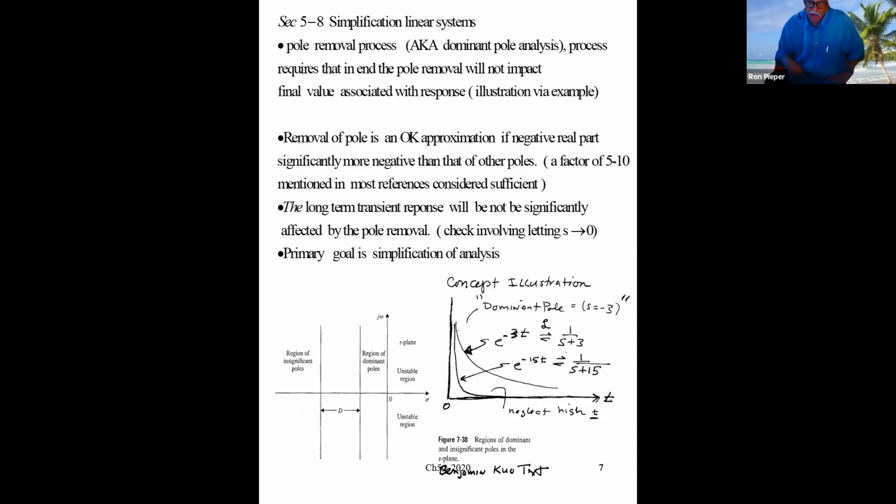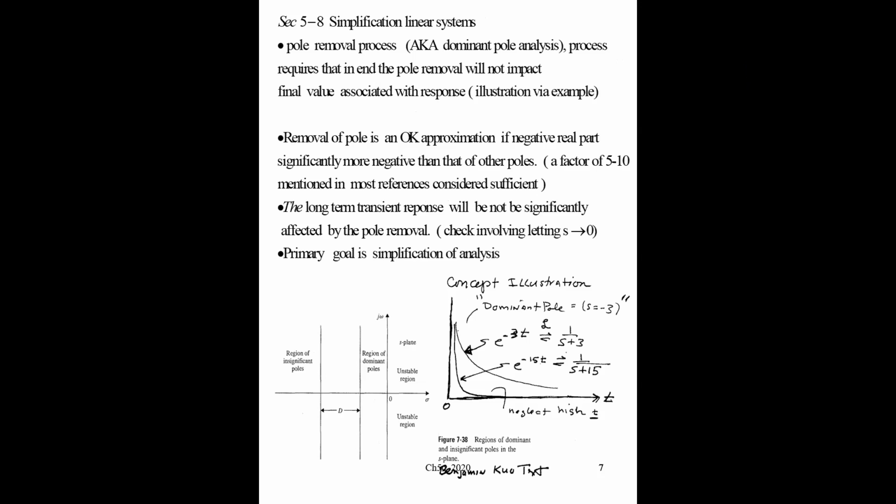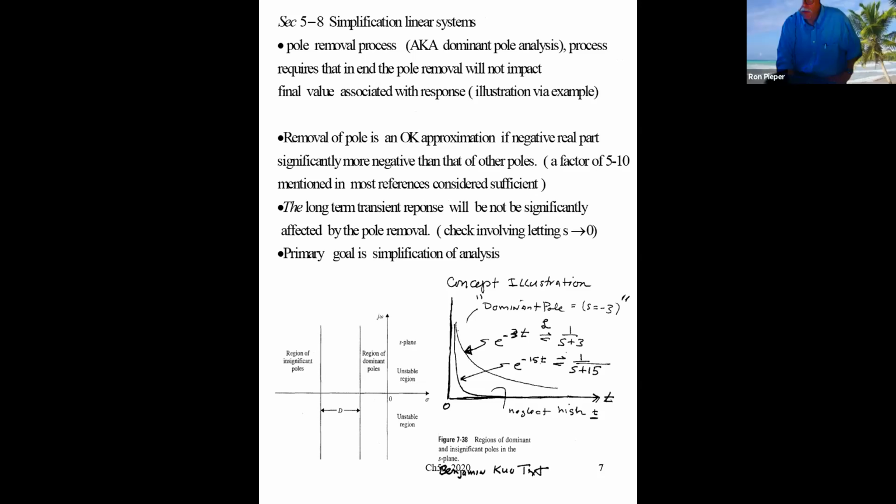Okay, the next, this starts a second topic in chapter 5. A topic called dominant pole analysis. I was almost tempted to leave this off and go directly to root locus.